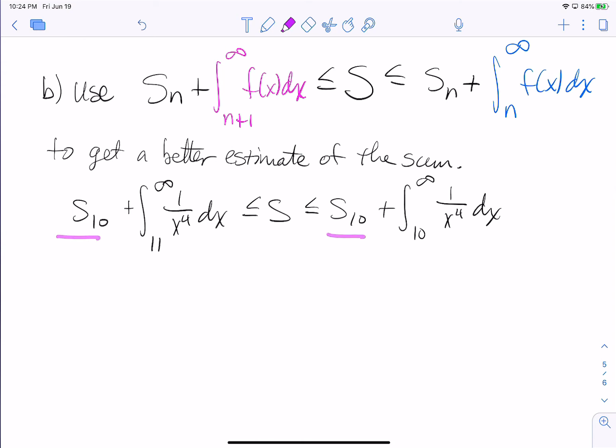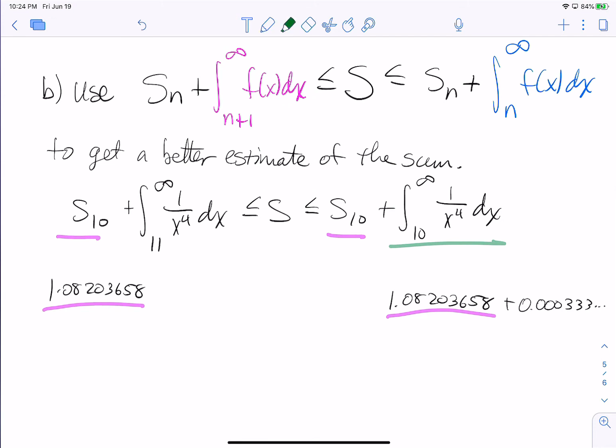Well, we know what s sub 10 is. That's our 1.08203658. The integral from 10 to infinity we just computed. That's our 0.000333. So the sum of those two numbers that I just said form the upper bound for the sum of the series.